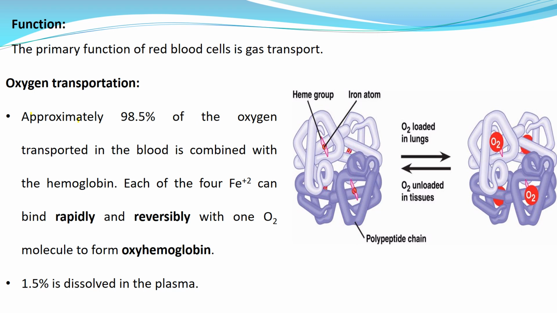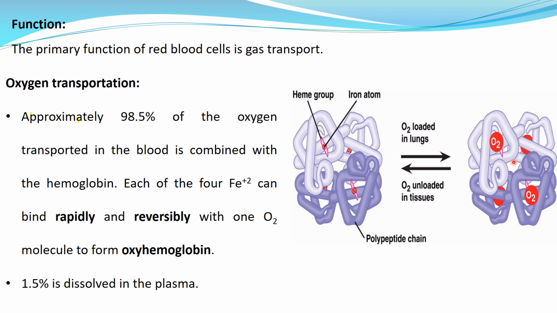The first gas which is mainly transported by the blood is oxygen. Approximately 98.5% of the oxygen required by the body can be transported in combination with the hemoglobin.